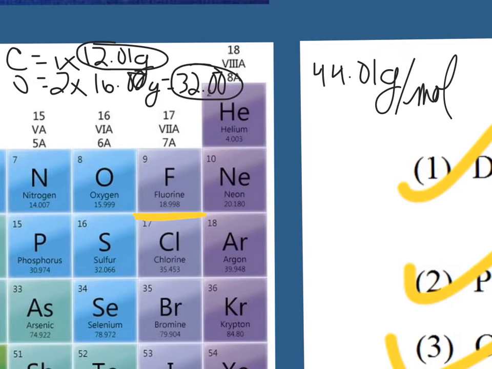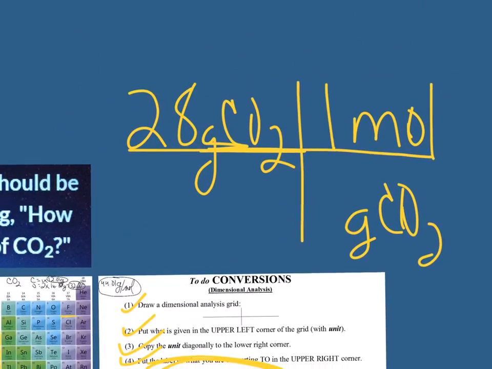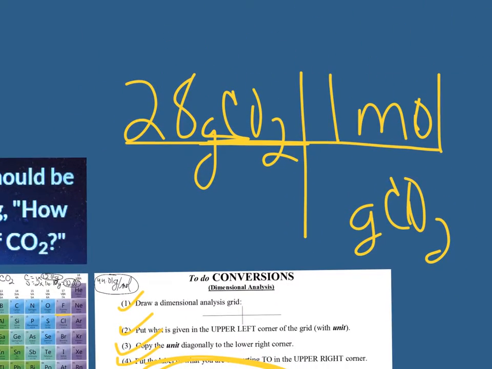So that's what I'm going to use. This is essentially my conversion factor right here. Now, if they asked me to put that in the right format for my calculation, I would need to put the 44.01 in the denominator, and then the 1 mole, and that would set up my calculation.